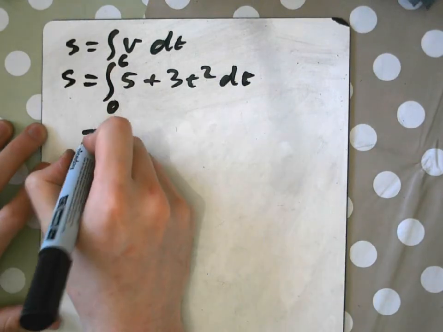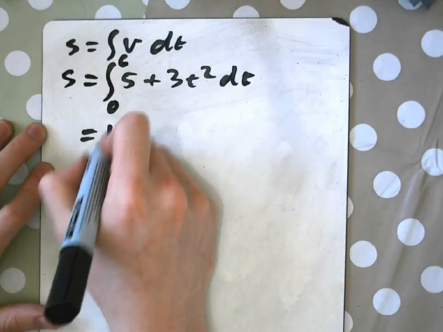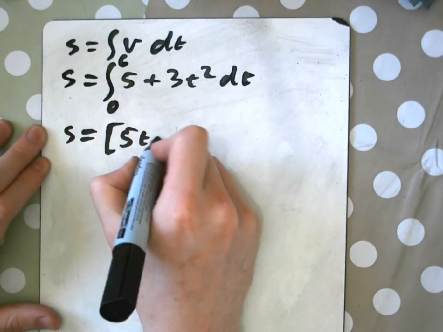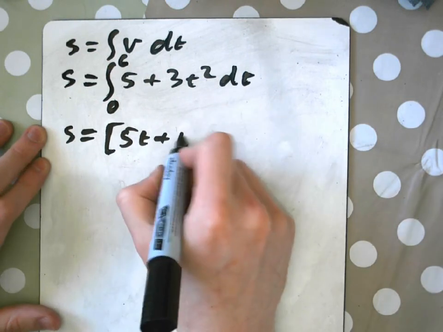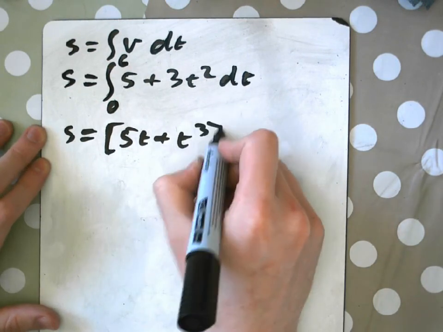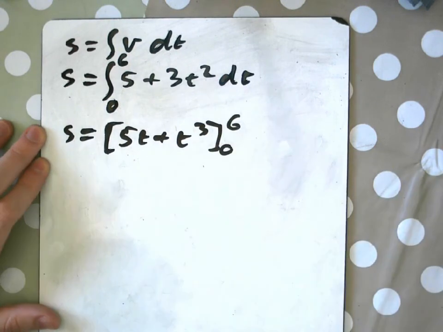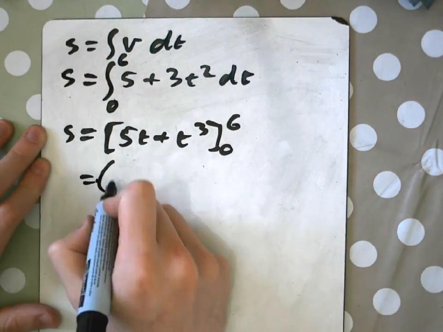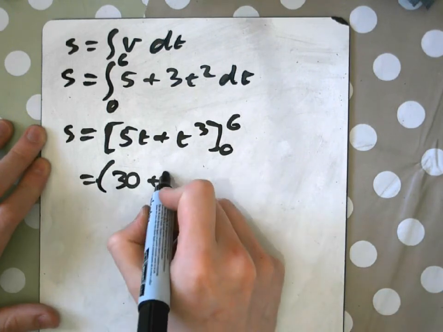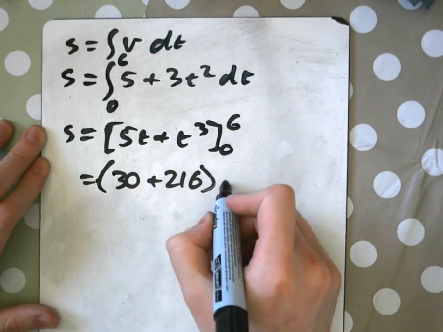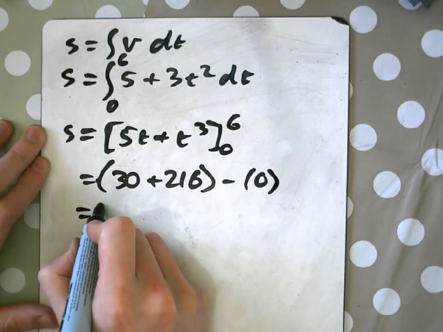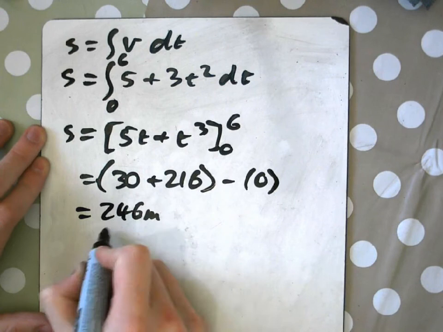What that gives us is s equals 5t plus t cubed between 0 and 6. Sub in our 6, we've got 30 plus 216. Sub in our 0 minus 0. So that's nice and simple, 246 meters.